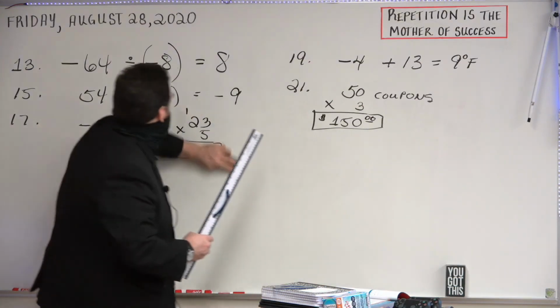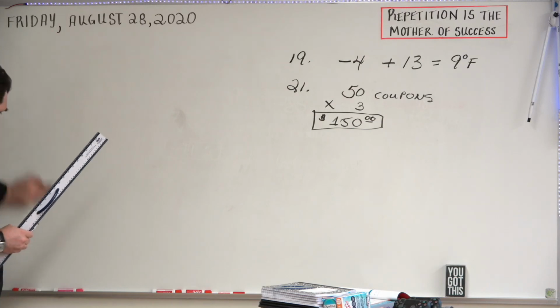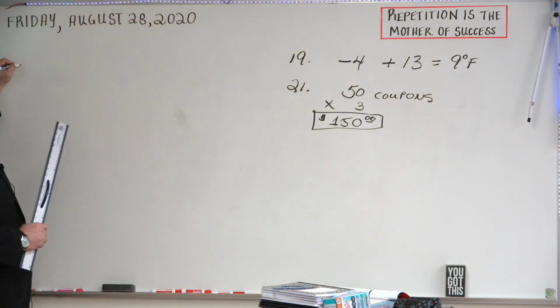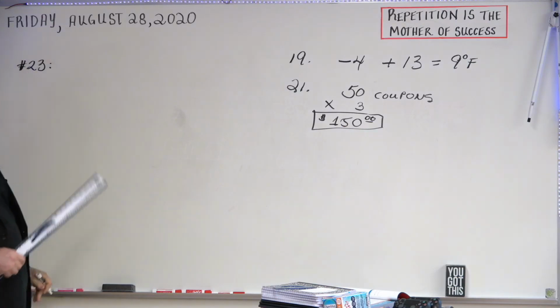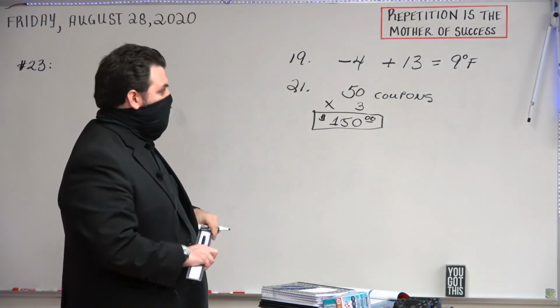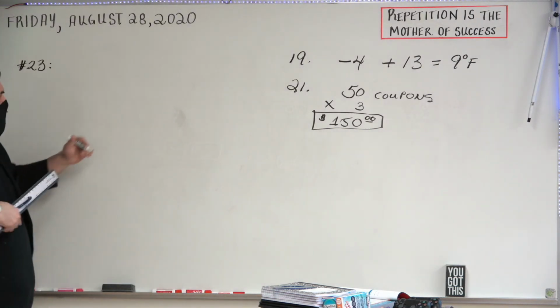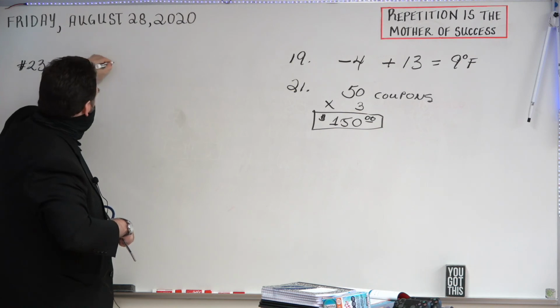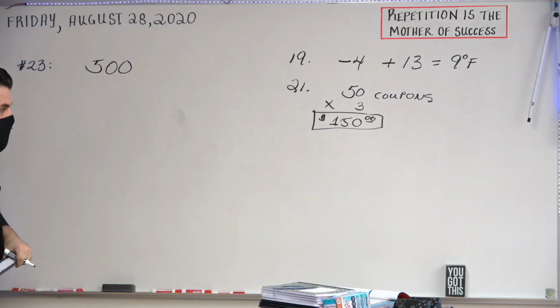I'm going to erase over here. This is number 23. Financial literacy. Talia is working on a monthly budget. Her monthly income, that's the money she starts with, is $500. She has allocated $200 for savings.